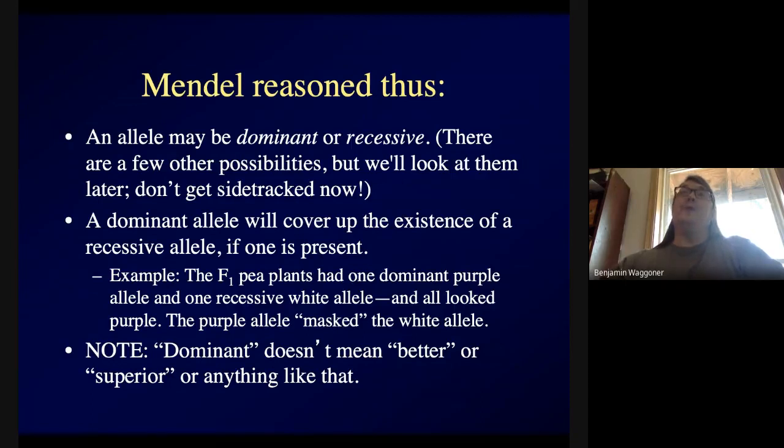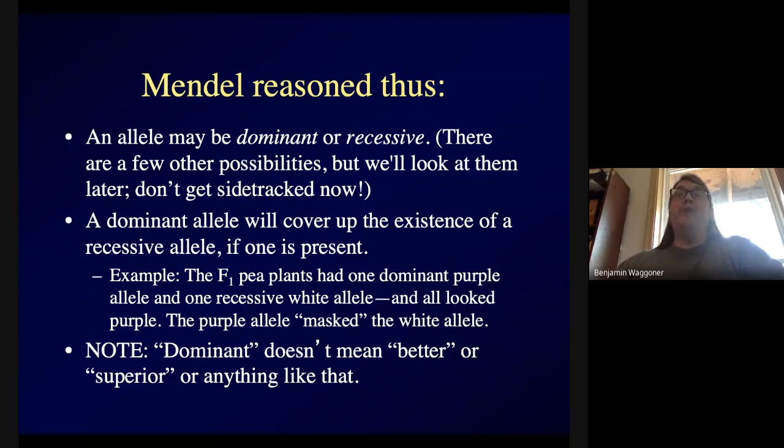Purple flower color is not intrinsically superior to white or anything else. Dominant only means that a dominant allele will cover up the existence of a recessive allele. Dominant alleles will mask the existence of recessive alleles in an organism.